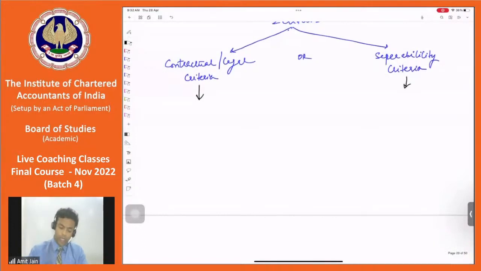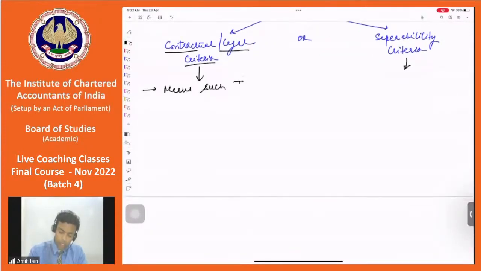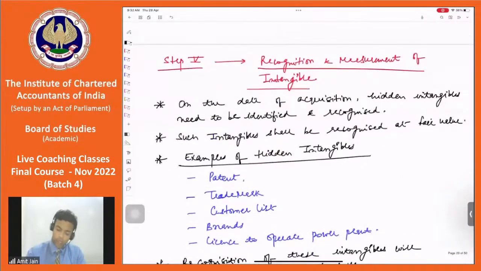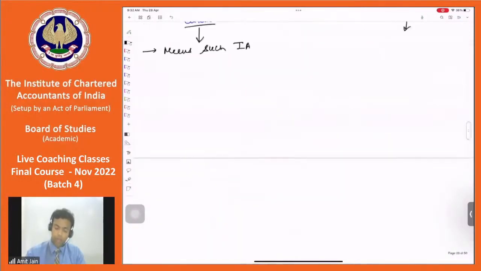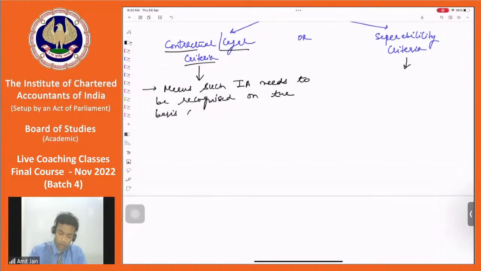What is contractual and legal? Such intangible asset needs to be recognized on the basis of contract or on the basis of legal approvals.